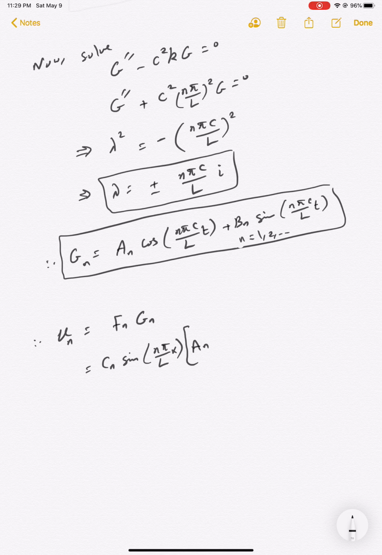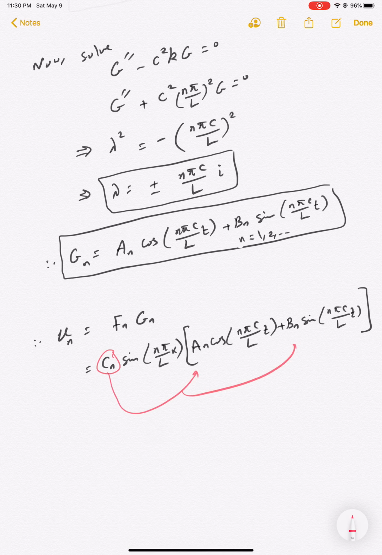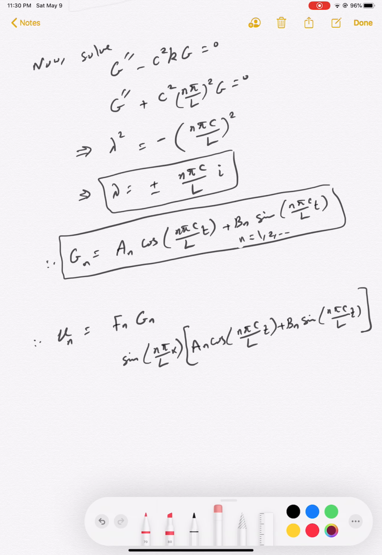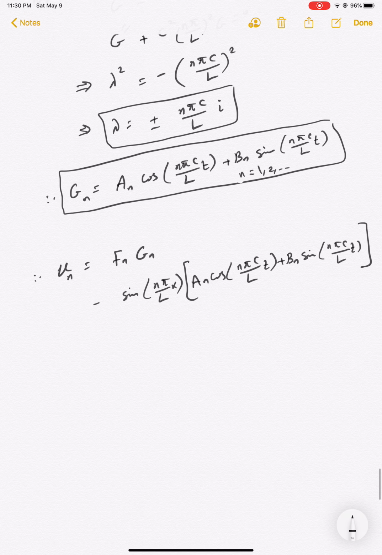It's an cosine n pi c over L t plus bn sine n pi c over L t. Again, the n are the integer values. If you take this constant, the cn, if you take it into the bracket, you just multiply cn with an, you recall it as an, cn bn, just call it bn. So basically there is no need to write the cn. So this becomes like this.